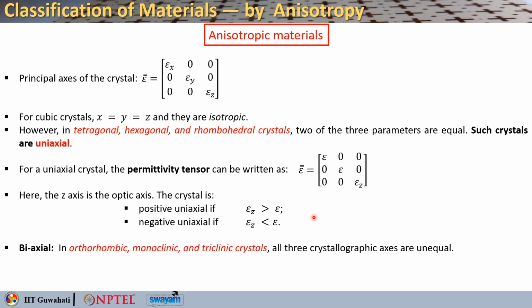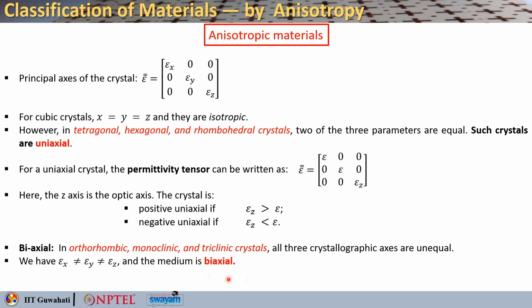So, these are different types of classifications, and there are materials also where all three crystallographic axes are different. So, you call them biaxial, okay, and the examples are orthorhombic, monoclinic, triclinic crystals, okay.